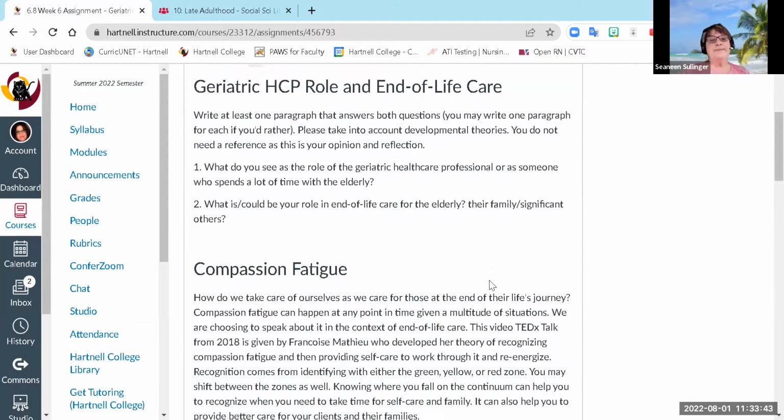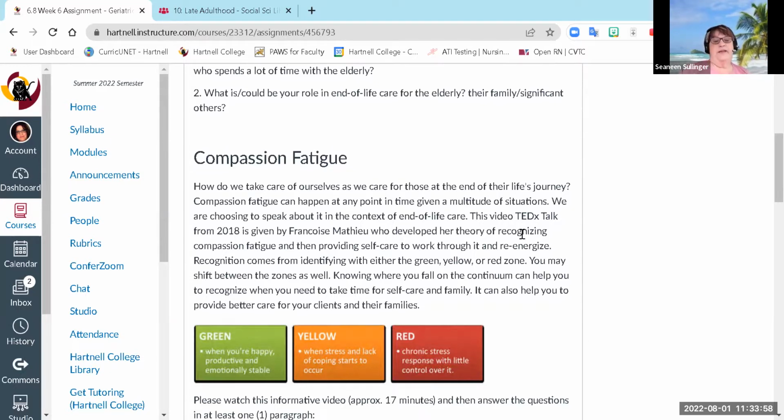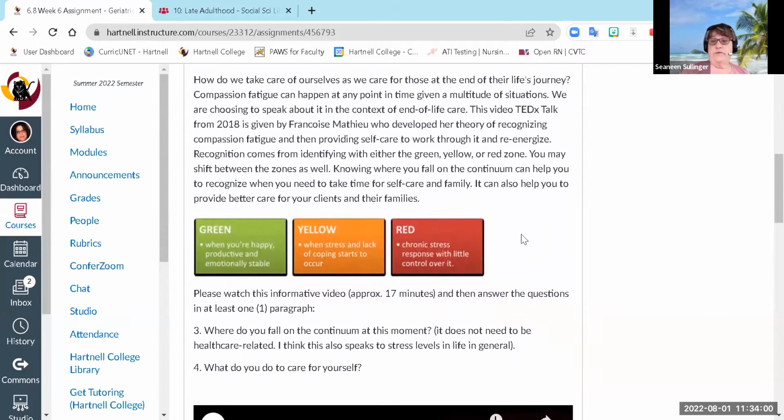And then talking about compassion fatigue. A lot of people, just by virtue of being a healthcare provider in any capacity, are set up to experience compassion fatigue because we give. This is just a little check-in for you. Some of you are in healthcare.